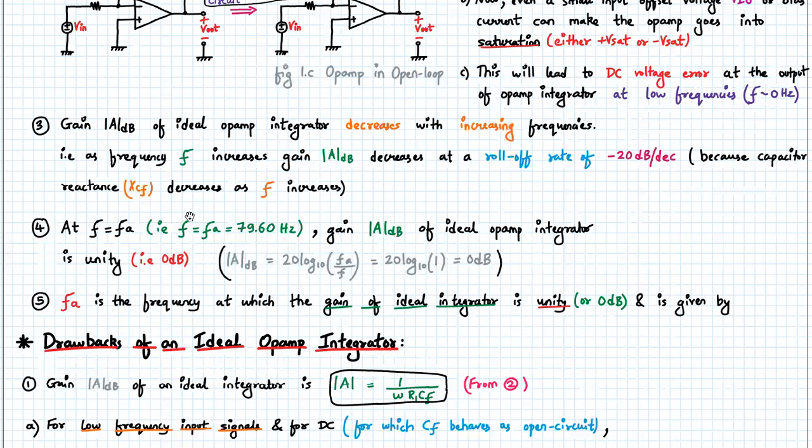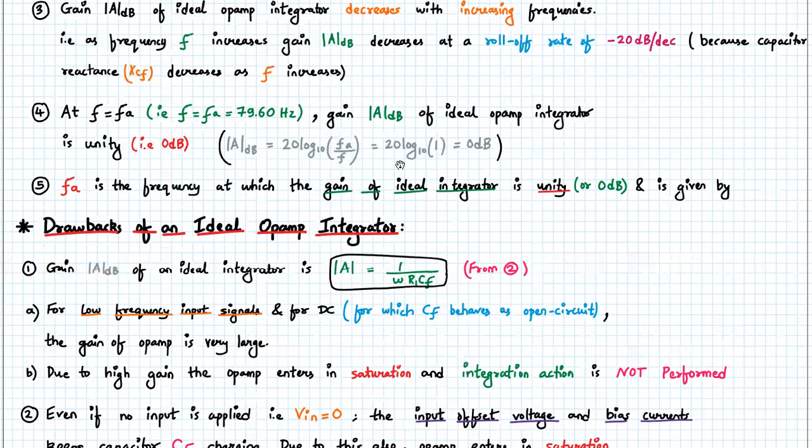So let us observe this point. At F equal to Fa, that is 79.6 Hertz, the gain of the ideal integrator circuit is unity, or we can call it 0 dB. And we have explained this point, that Fa and F are equal, so that means 1. So 20 log to the base 10 of 1 will be 0 dB. And 0 dB indicates that the gain is 1 in magnitude. And how do we define Fa?